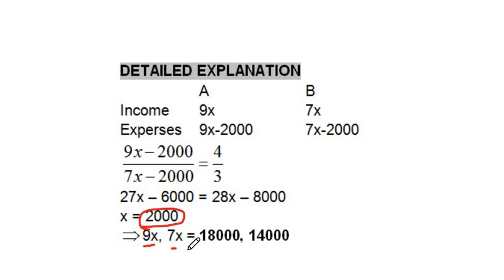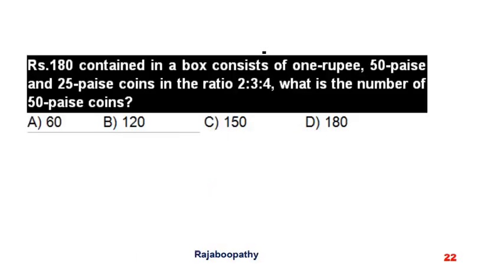Therefore their incomes are 9x and 7x, so 18,000 and 14,000 respectively. In the examination, you are going to get questions from this portion. Next. So what is the answer? The answer is B.